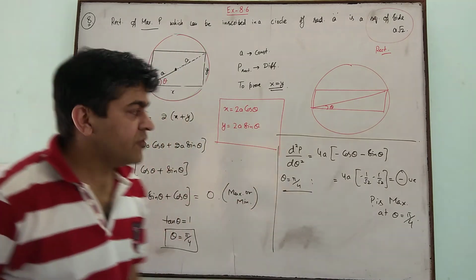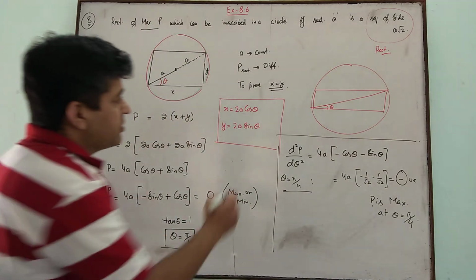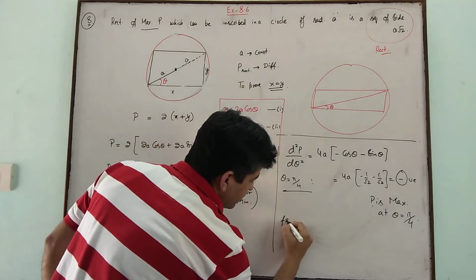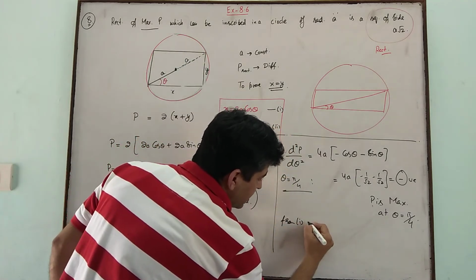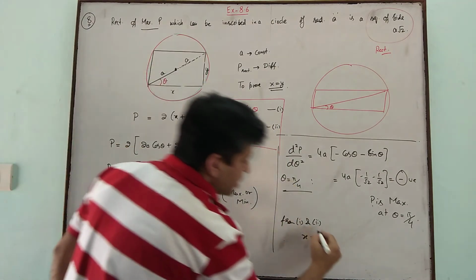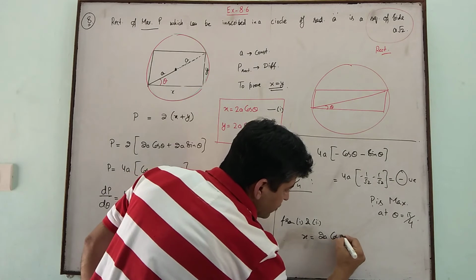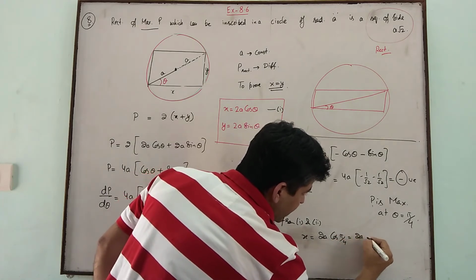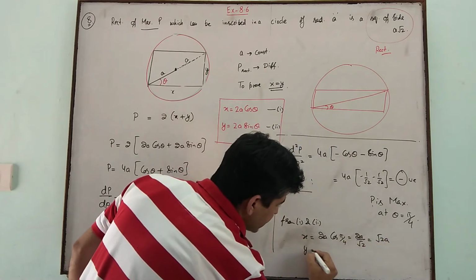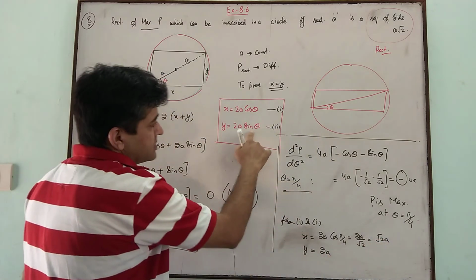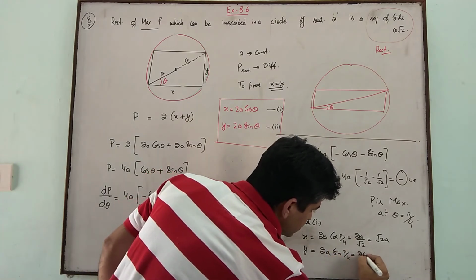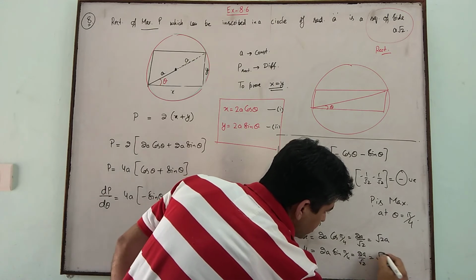If theta is pi by 4, then from equations 1 and 2, x is equal to 2a cos pi by 4, that is 2a divided by root 2, which means root 2 a. And y is equal to 2a sin pi by 4, that is 2a upon root 2, again root 2 a.